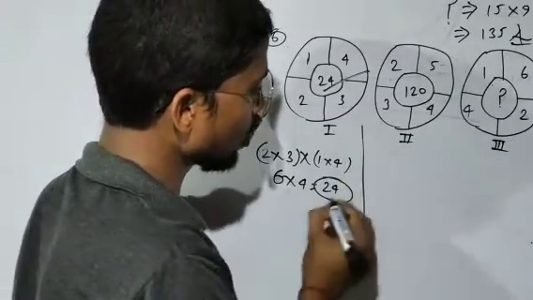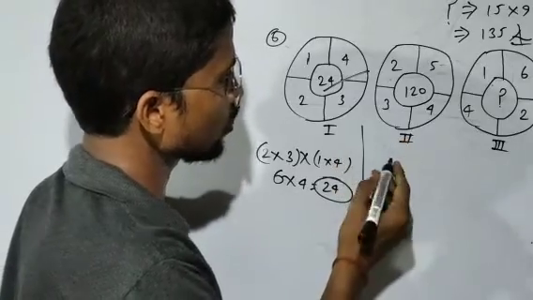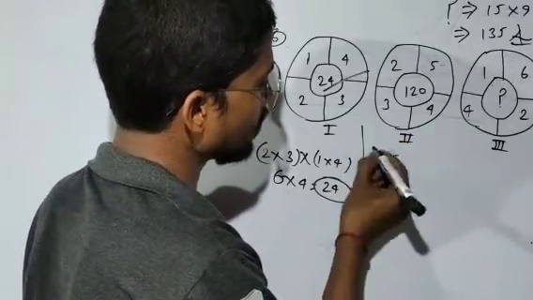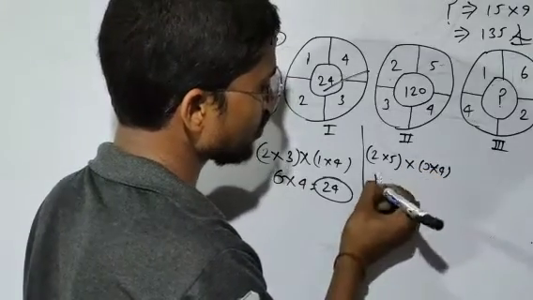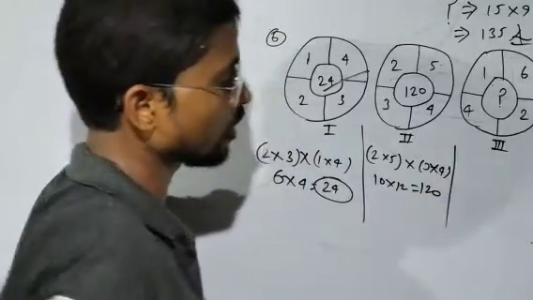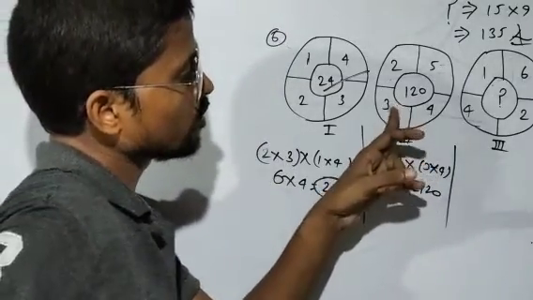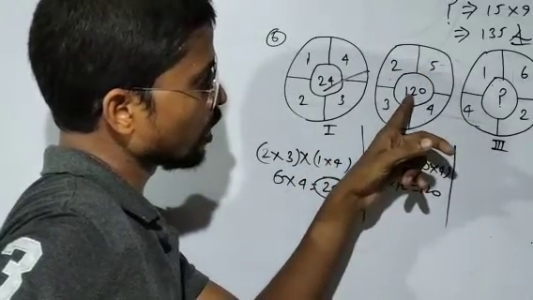Okay, then I can of course apply the same process to the second circle. When 2 multiplied by 5 and 3 multiplied by 4, that means 10 multiplied by 12, then we can of course write 120, okay. When 3 multiplied by 4 multiplied by 5 multiplied by 2, then we got the middle of the small circle.